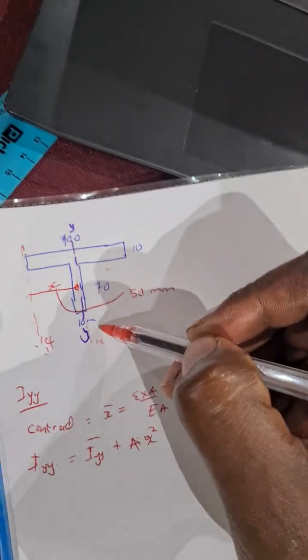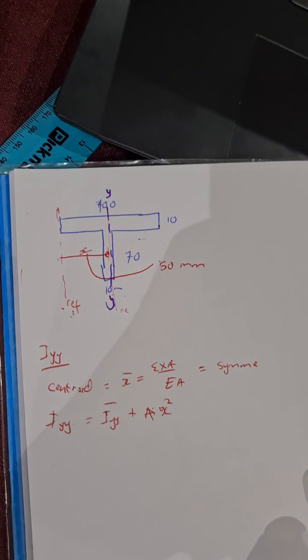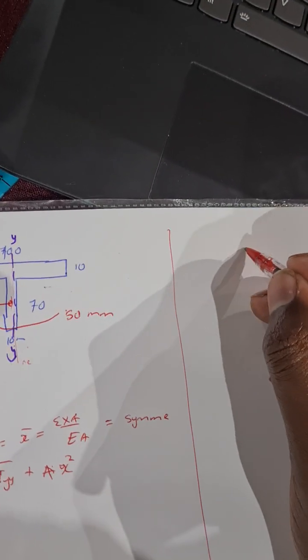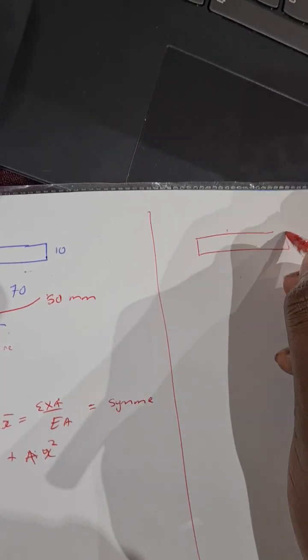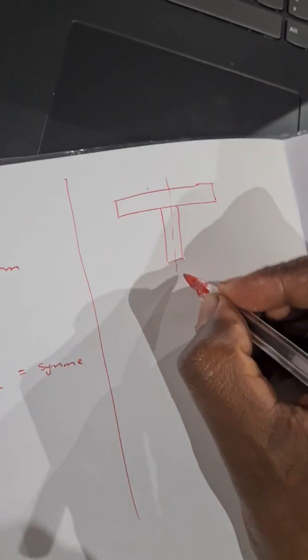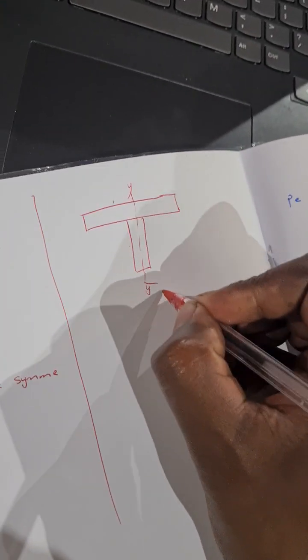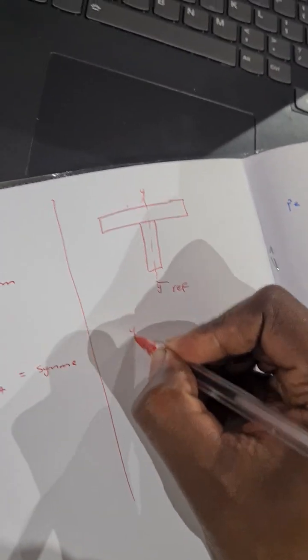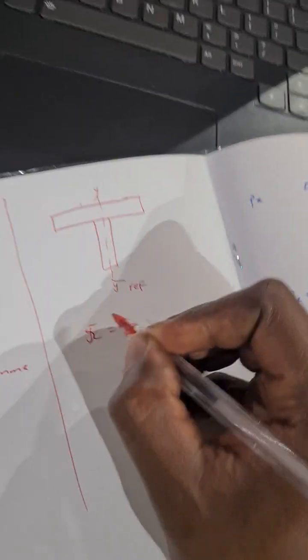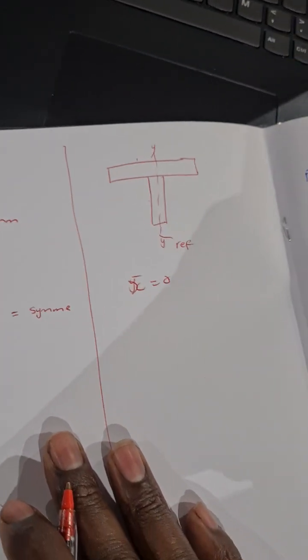But you can still take the mid one, it's going to be easy, much easier and much faster. So it means our x bar is 0 if the reference is here.